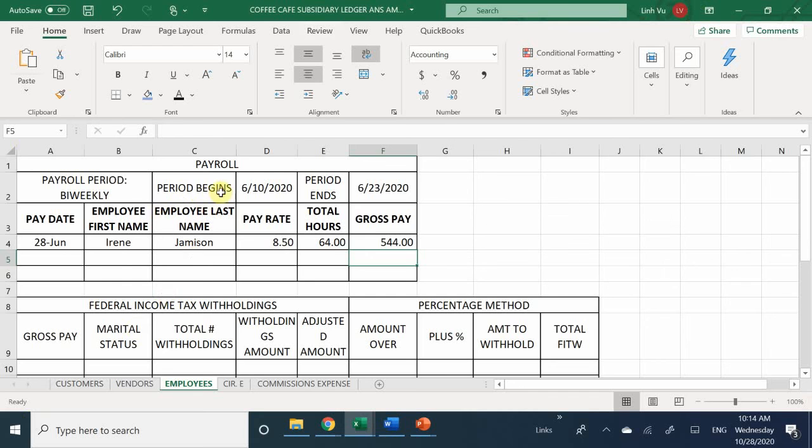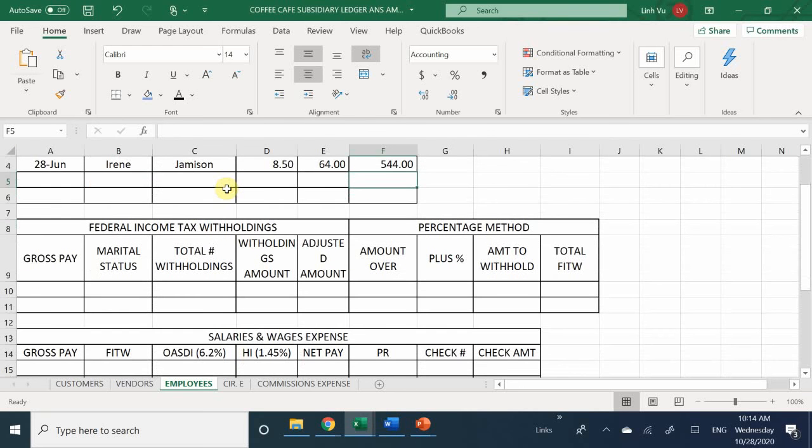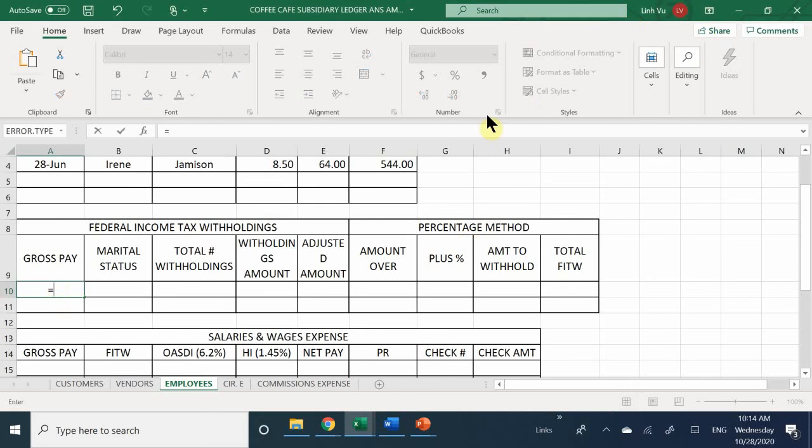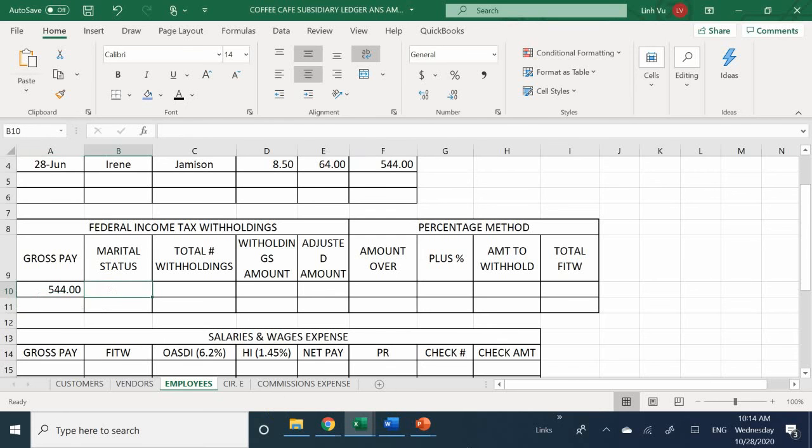Now we're going to come down here and figure out her total federal income tax withholdings. So here's our gross pay. We're going to copy it from above because we know it's a total of $544. Okay. What's her marital status? Single.